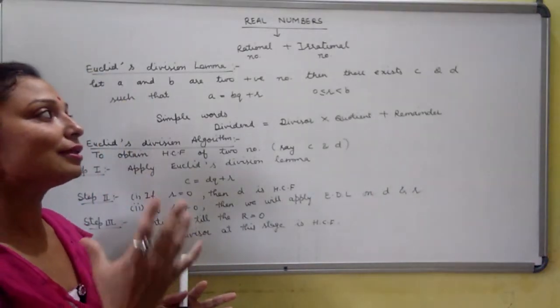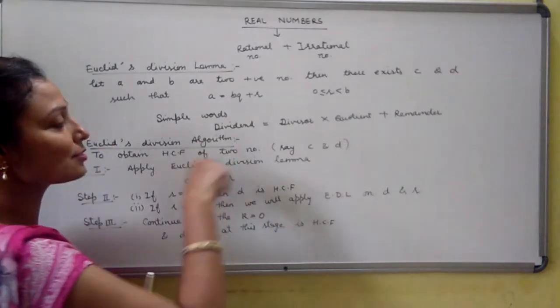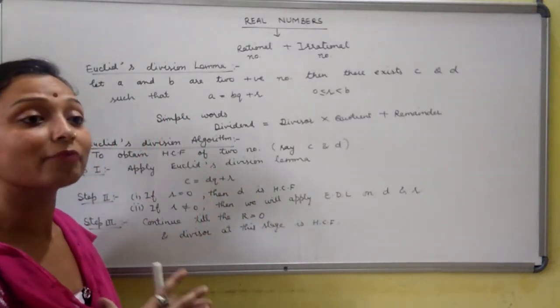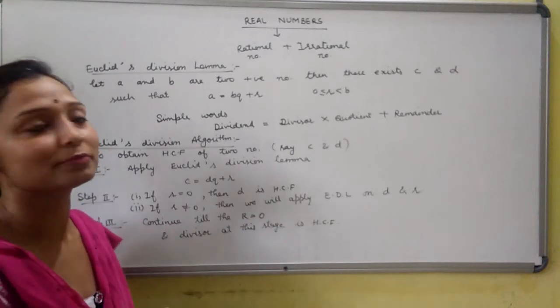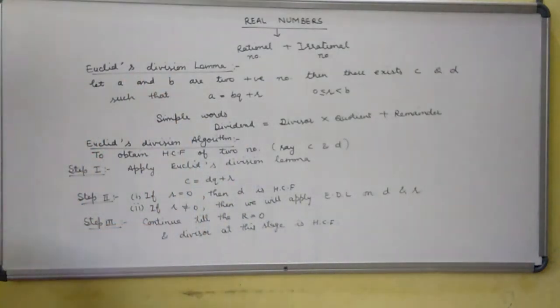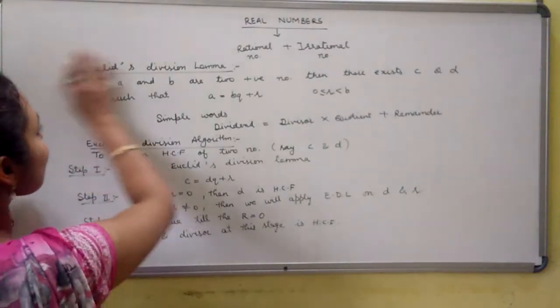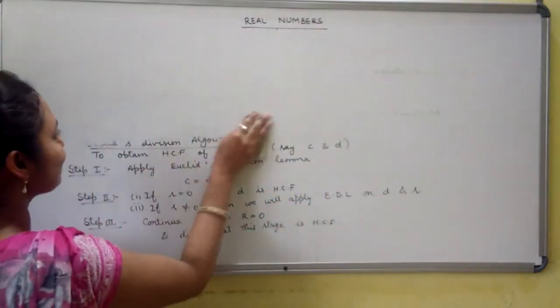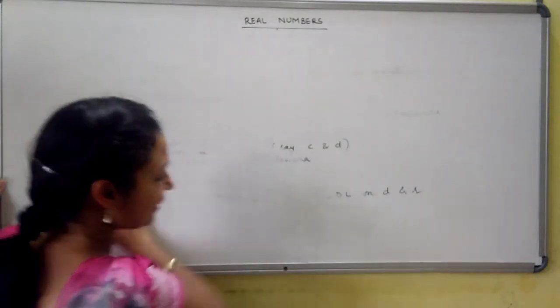ठीक है, so we will take one question on the basis of this Euclid's division lemma, how we can find the HCF of two numbers by using this Euclid's division lemma. Let us suppose we have two numbers to find the HCF.